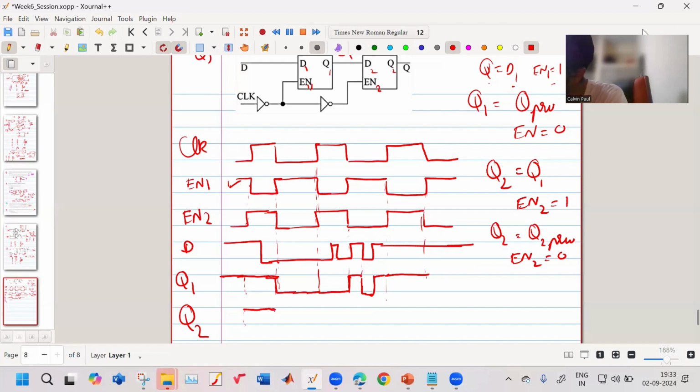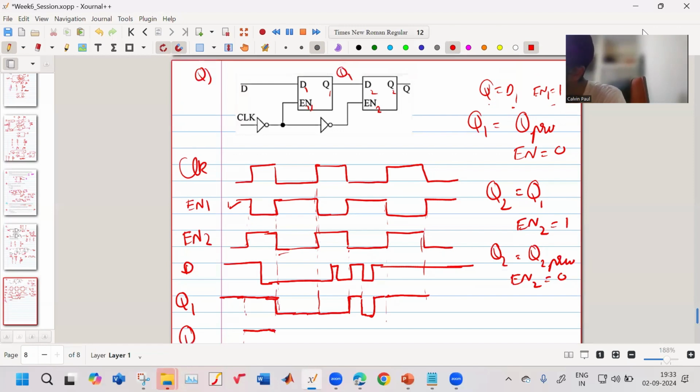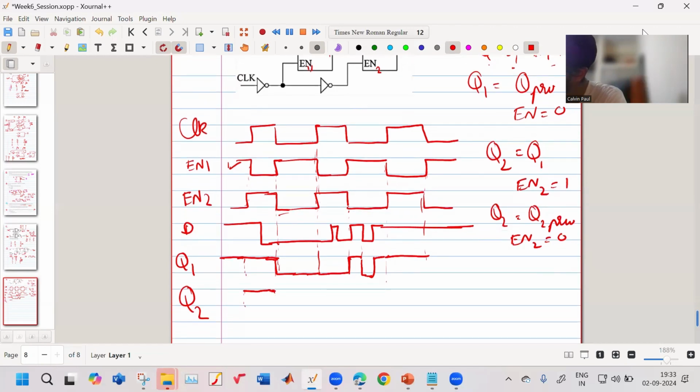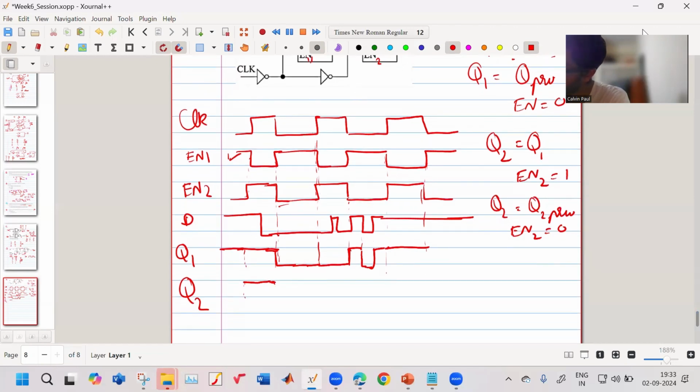As long as my enable 2 is on. Now enable 2 turns off, and Q1 at that time becomes 0. When my enable 2 turns off, my Q1 at that instant becomes 0.